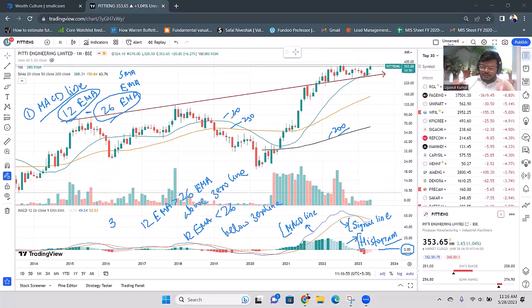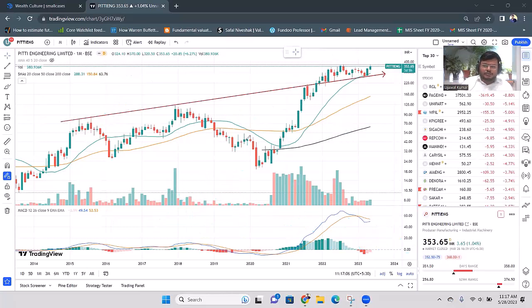Just for discussion's sake, I'll clear all of this and let's assume that this thing is my 12-month exponential moving average, and this is my 26-month exponential moving average.